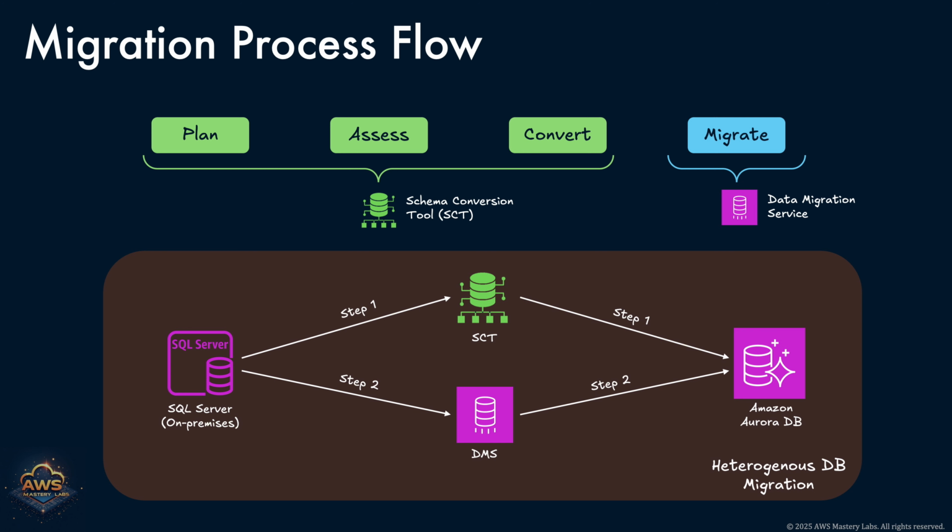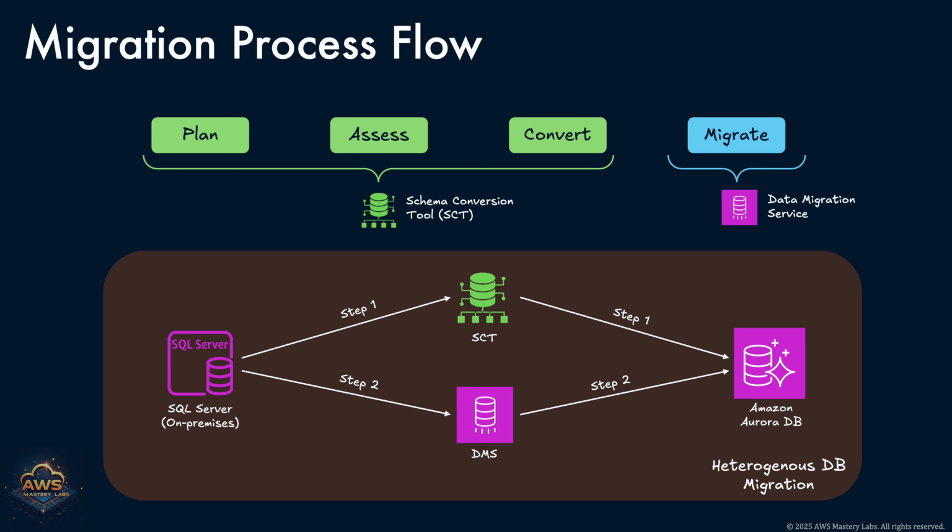During this phase, teams gather metadata about the existing environment, including database size, usage patterns, dependencies, and SLAs. Planning also includes choosing the right AWS targets, such as Amazon Aurora. Next comes assessment and conversion, where the SCT takes center stage. SCT performs a detailed analysis of the source SQL Server schema and generates an assessment report.